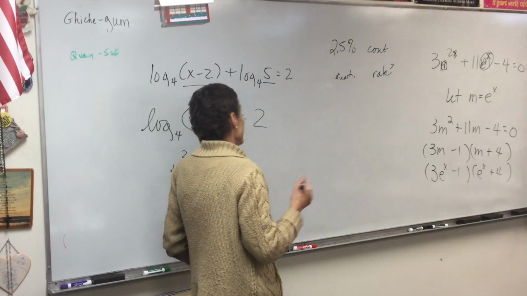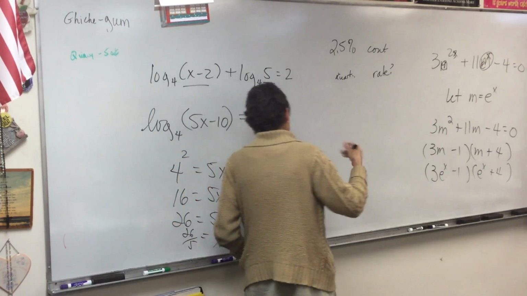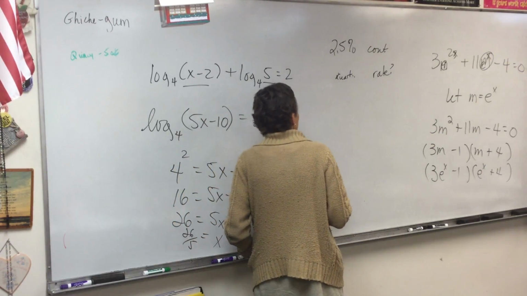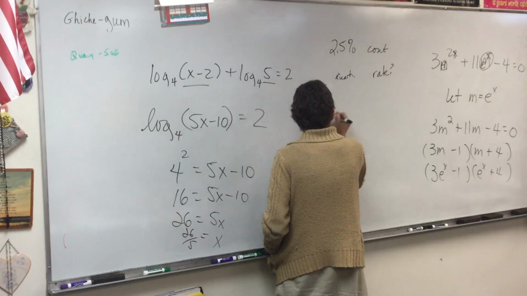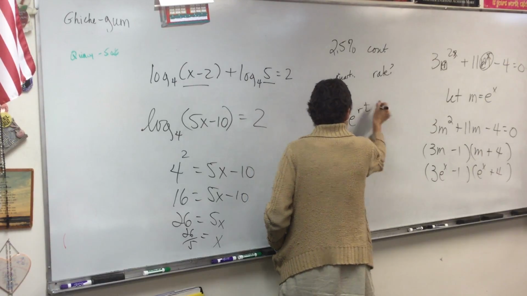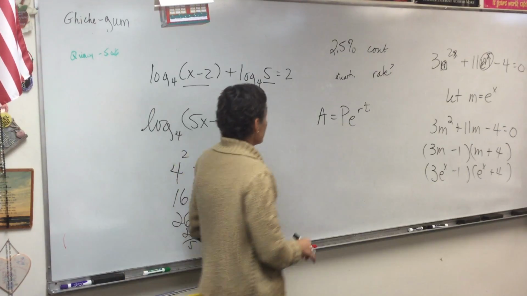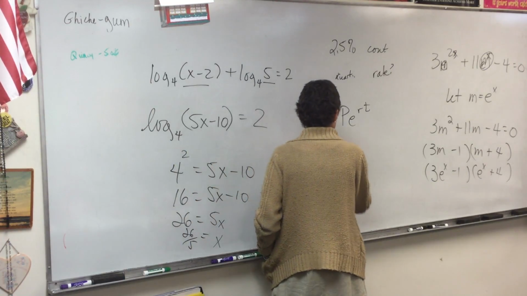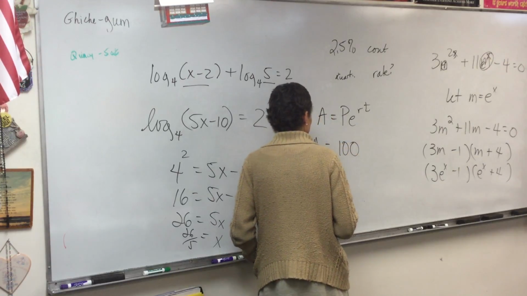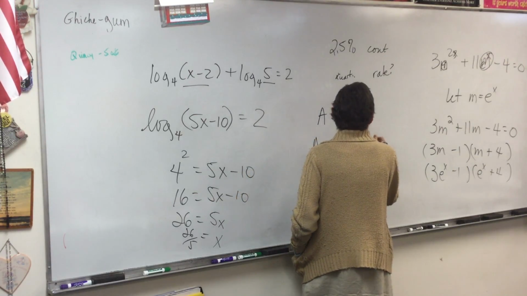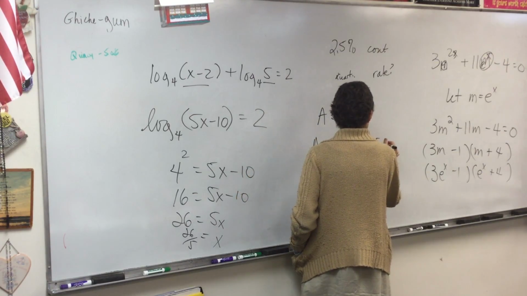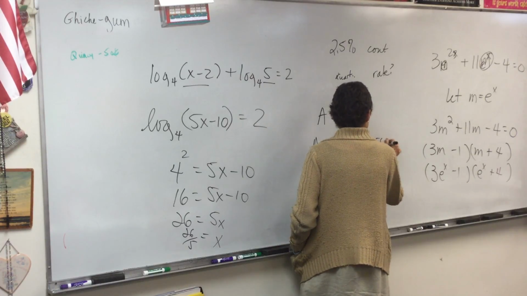Well, how much higher? Well, I don't know. Let's just pick a number to start with. Let's start with $100. If I am compounding continuously, that's Pert, continuous growth. So how much will I have if I start with $100 at 2.5% for 1 year?